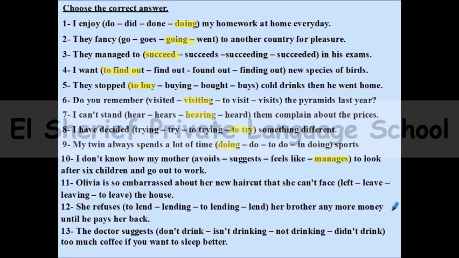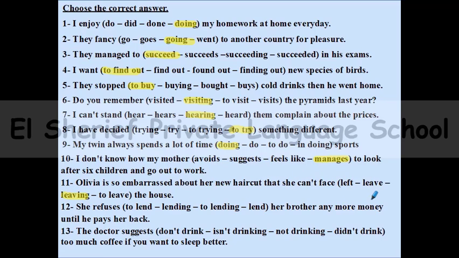Number 11, Olivia is so embarrassed about her new haircut that she can't face, so this is a main verb, can't face, blank the house. So can't face is one of the verbs that are followed by ing. Great, leaving.